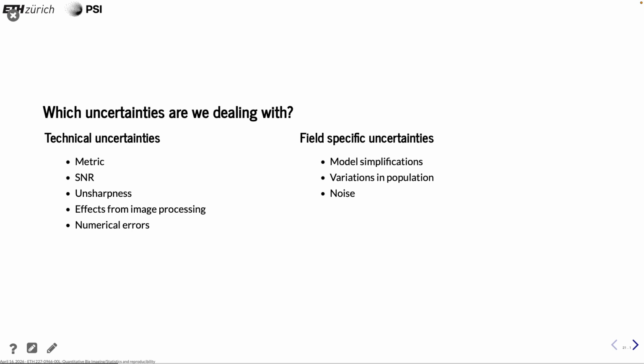Then field-specific, when we go beyond the measurement itself, we can have model simplifications, like modeling everything as a sphere, even though it's not a sphere. There can be variations in the population, and also noise in this case is variation or outliers in the studied population somehow.